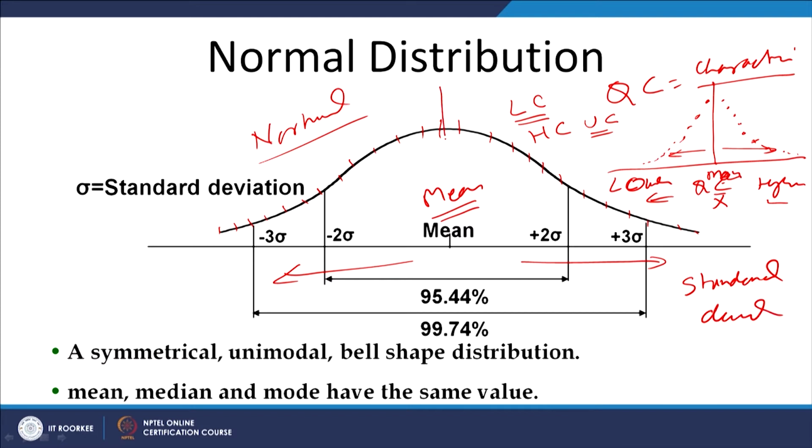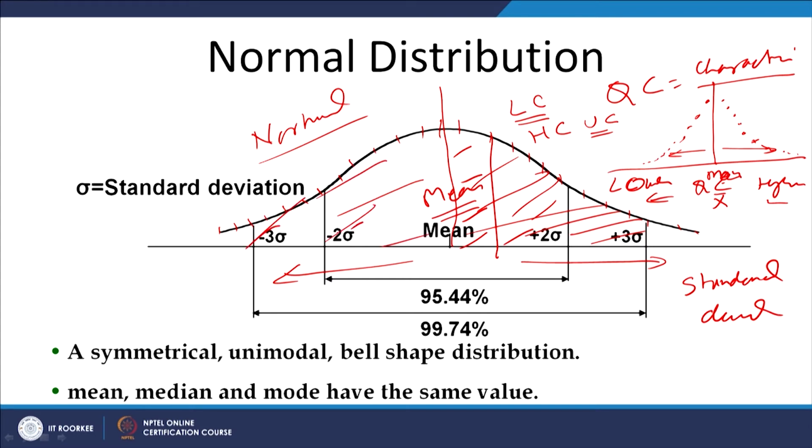So, with respect to this mean value, what is the proportion up to 1 sigma, 2 sigma, or up to 3 sigma on the higher side or on the lower side?